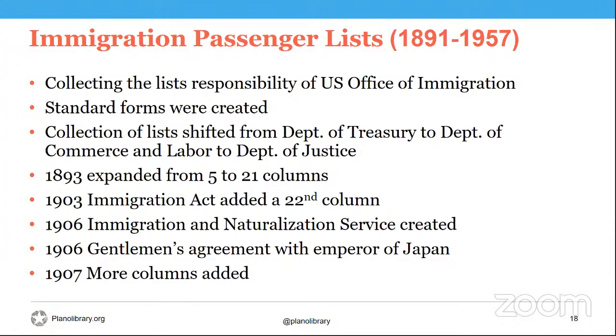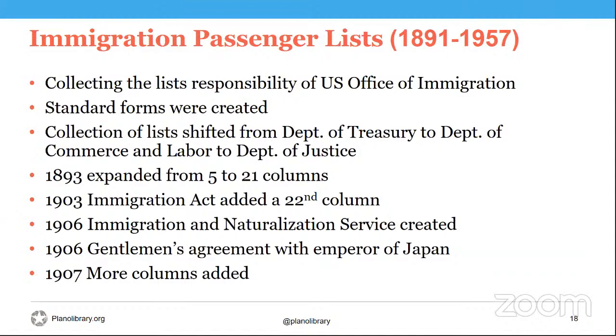They may not fill in all the information, but starting in 1891, they wanted more of that information, and they created a template or standard form, and every column had to be filled out. It was still handwritten, but it was neater.